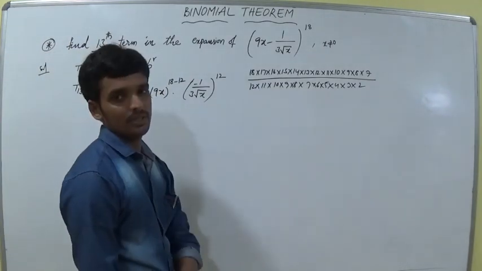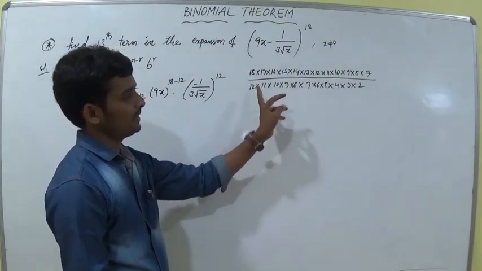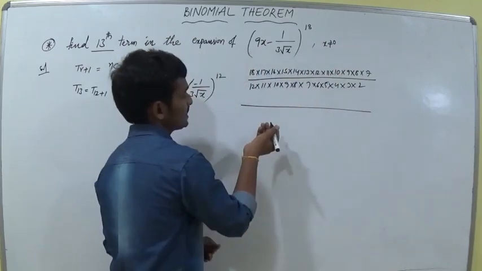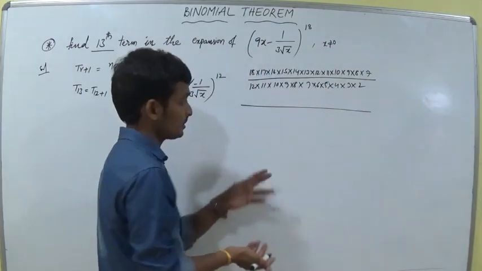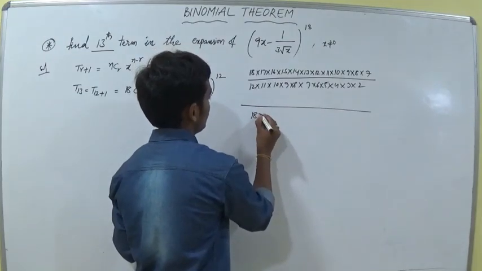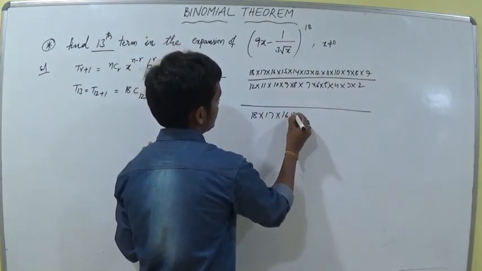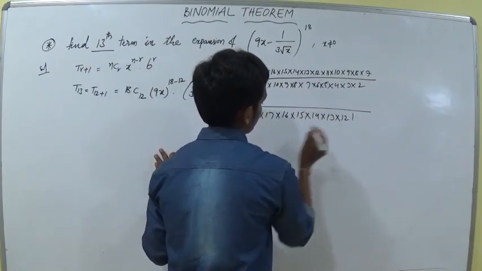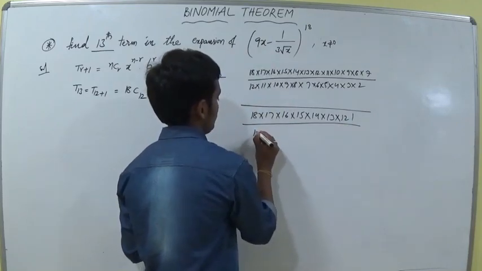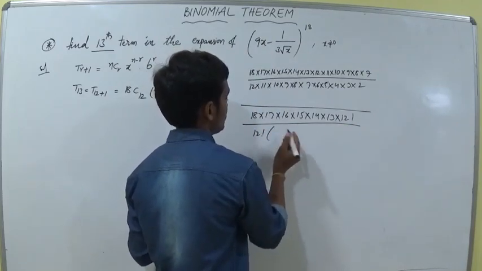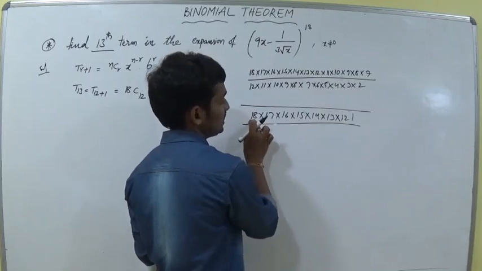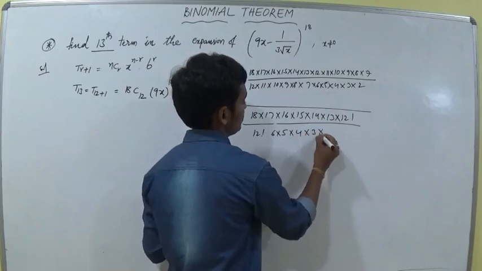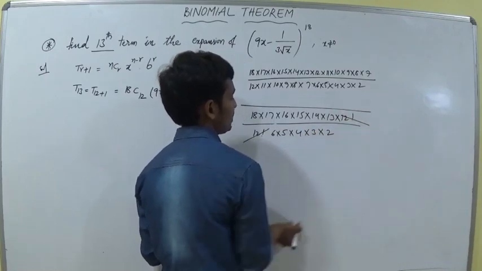So we can simplify this. If it becomes tough, you can use the general formula, nCr is equal to n factorial by r factorial (n minus r) factorial. That means 18 factorial, 18 into 17 into 16 into 15 into 14 into 13 into 12 factorial, by 12 factorial into 6 factorial, where n minus r is 18 minus 12. 6 factorial is 6 into 5 into 4 into 3 into 2. 12 factorial cancels.